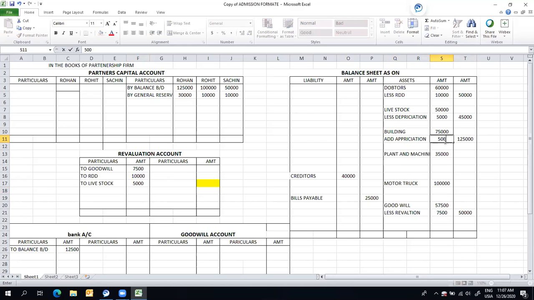And appreciation of building is our profit because it is our assets. Whenever our assets appreciated, it will be treated as profit, and profit will transfer to revaluation account credit side by building, 50,000.